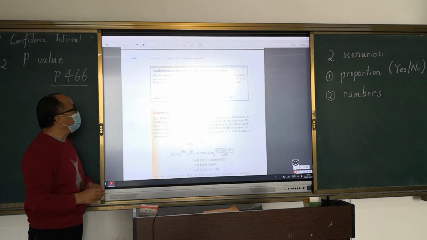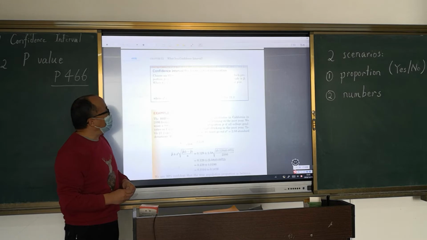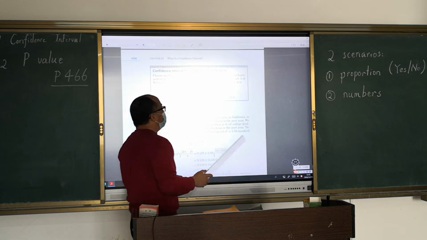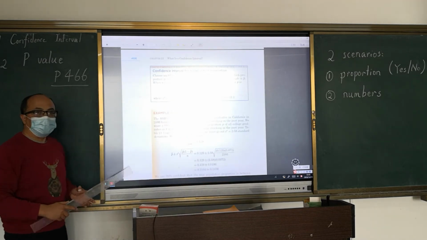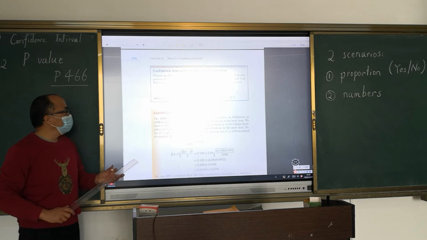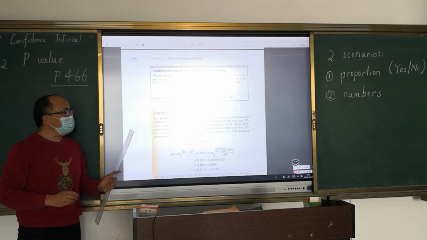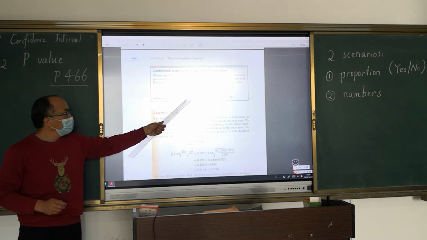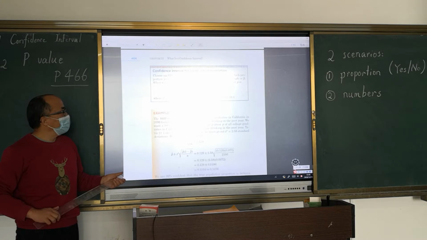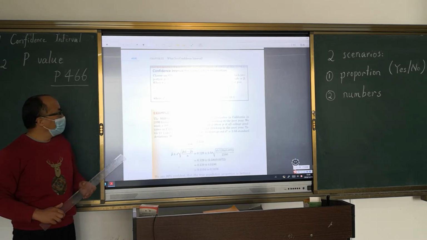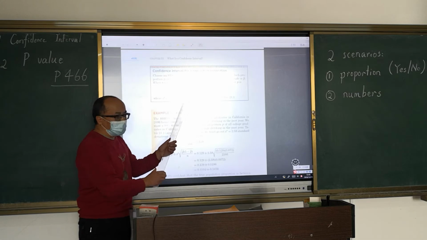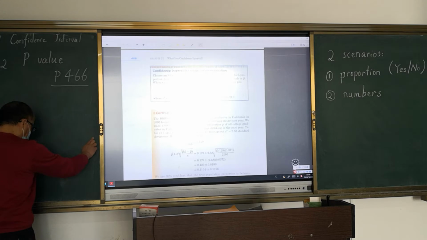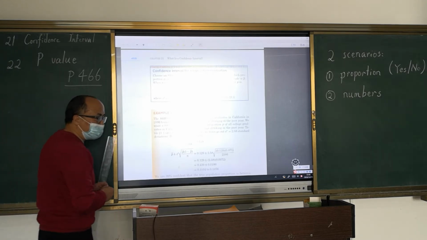So the confidence interval for the first scenario is: you get one sample, p hat, plus minus the later part. The part after plus minus is called the margin of error.